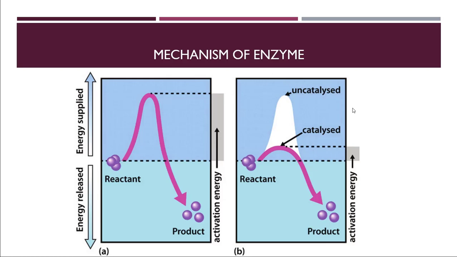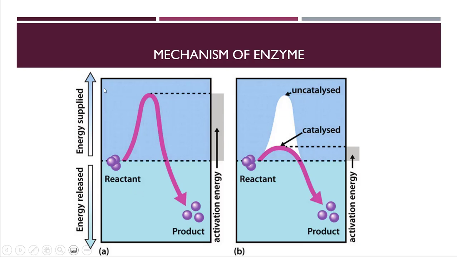Okay, next is the mechanism of enzymes. So look in the picture, we have the reactant, and this reactant needs a lot of energy to proceed with the reaction or to convert into the product. And this energy is called activation energy.